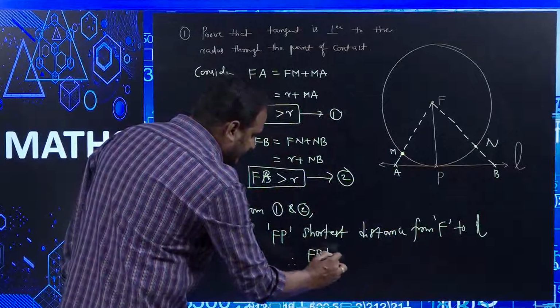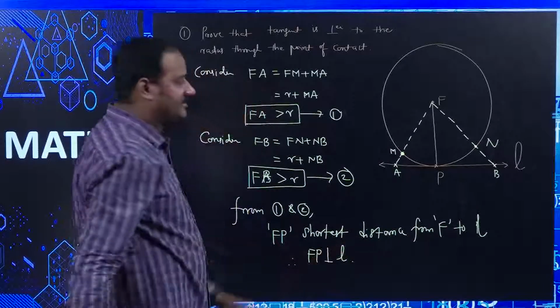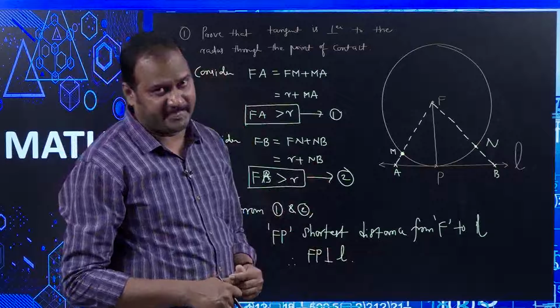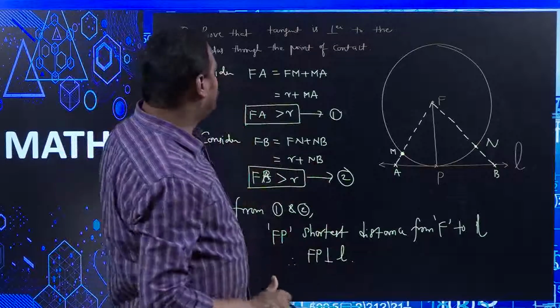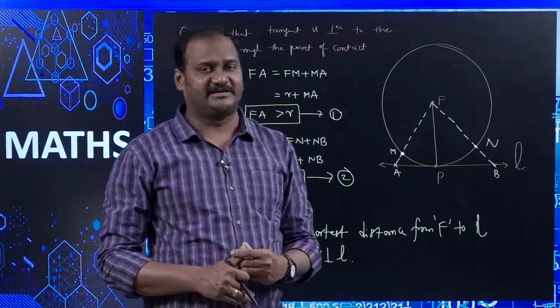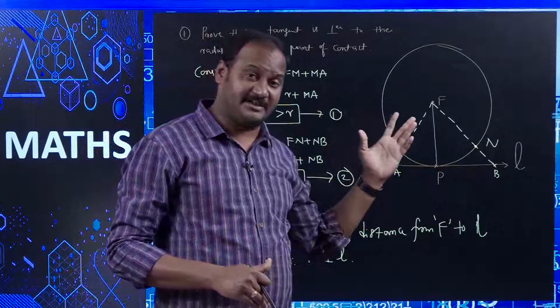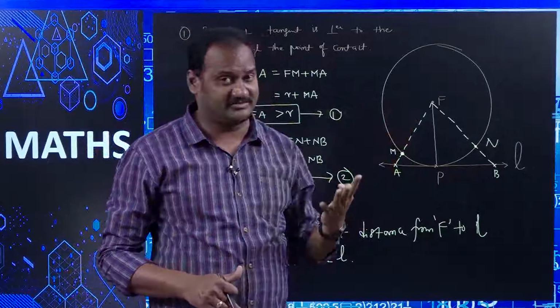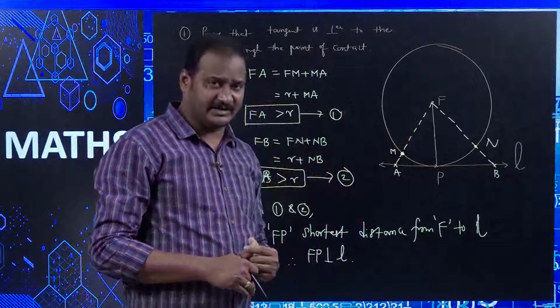FP is perpendicular to the tangent L through the point of contact P. Understand? This way we can prove that the tangent is perpendicular to the radius through the point of contact, and this problem is sometimes given in board examination for 4 marks also. This is the way to answer the problem.